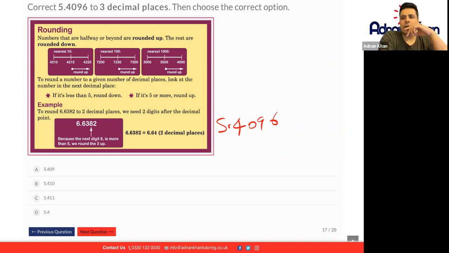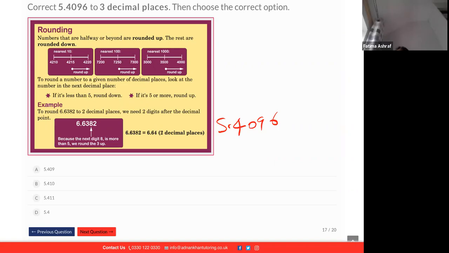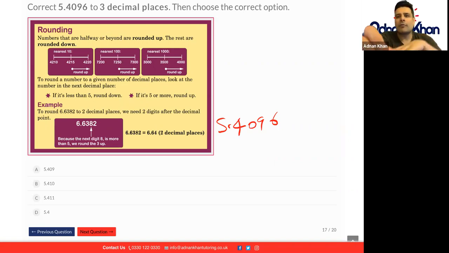B. Okay, let's try that for a second. So 5.4096 to 3 decimal places. So it's 1, 2, and 3. And because it's 3 decimal places, that 9 is either going to go up or it's going to go down.